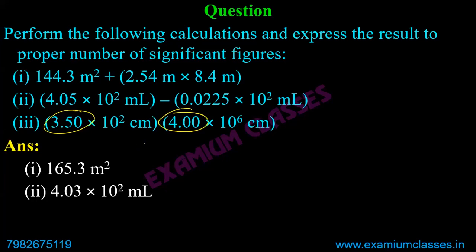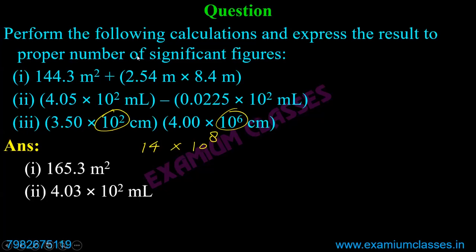So it will be 14. And when you multiply 10 to the power 2 and 10 power 6, it will be 10 to the power 8. And this answer is correct. Okay. Is this correct? Or this is wrong? So it's correct.